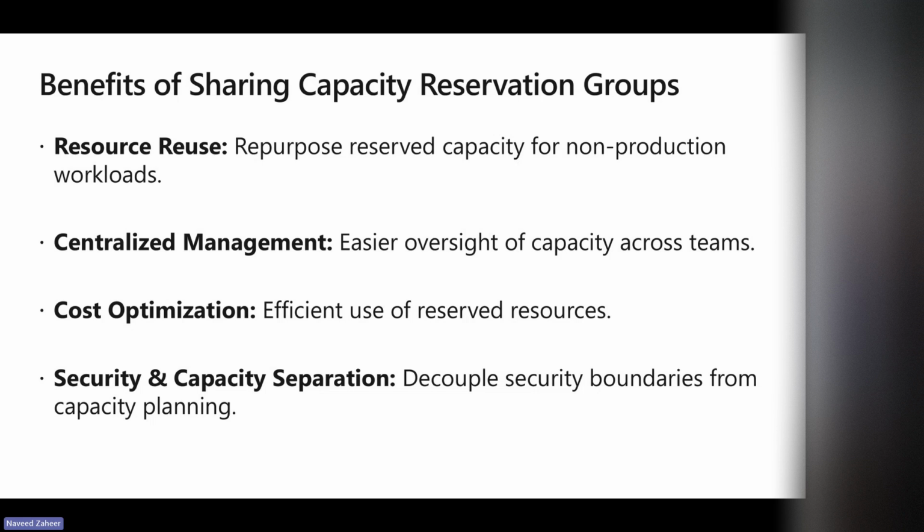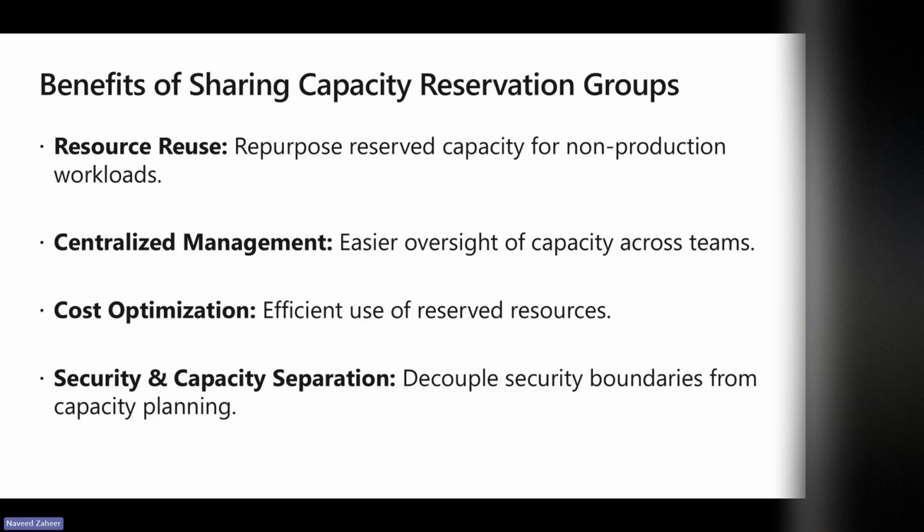The second one is you have the ability to manage it centrally. How? You use one subscription, or a set of subscriptions, to create all of the capacity reservations. Then another subscription comes in which wants to use it. You assign it to them, you share it with them basically, and they start using that capacity reservation.